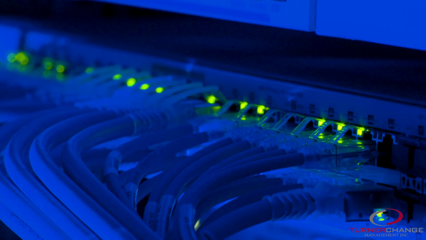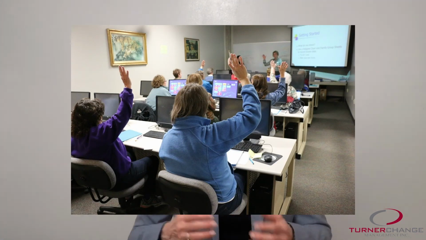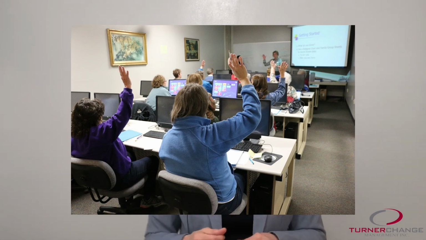There's usually some type of user acceptance testing, training is involved in that, and then a switchover from an old system to a new system if that's the kind of technology that you're implementing. Those are the kinds of tasks that you would typically see in a project plan for new technology.